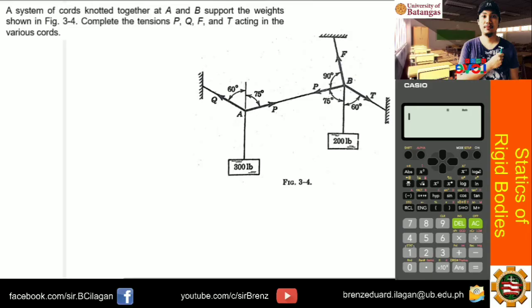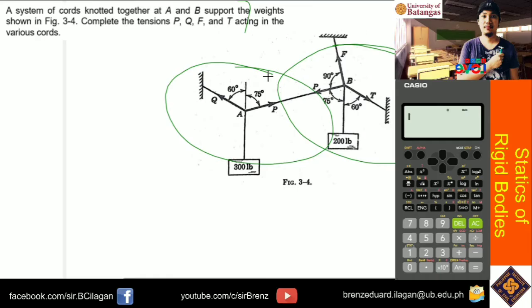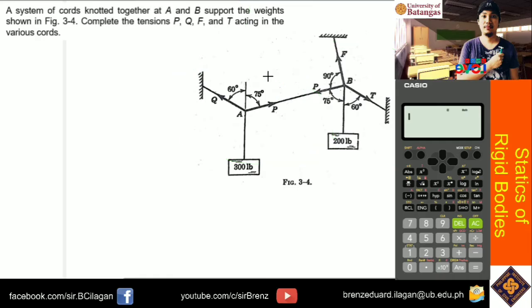Okay, so ang gagawin natin guys is gagawa lang tayo ng dalawang free body diagram. So una is para dito and yung isang free body diagram is considering this figure. Una natin, ang gagawin ko muna, gawa ako ng x and y plane. Ayan.